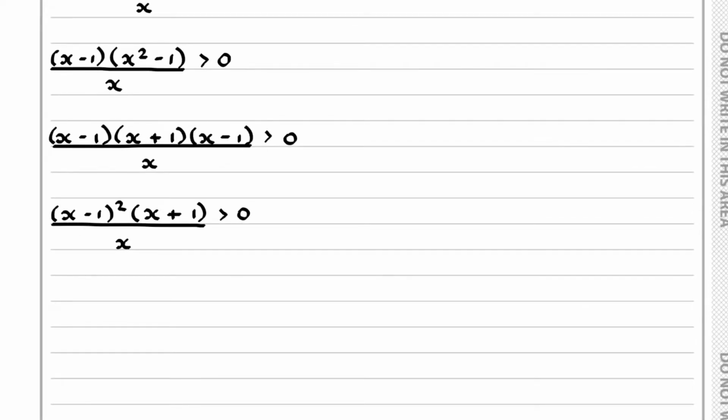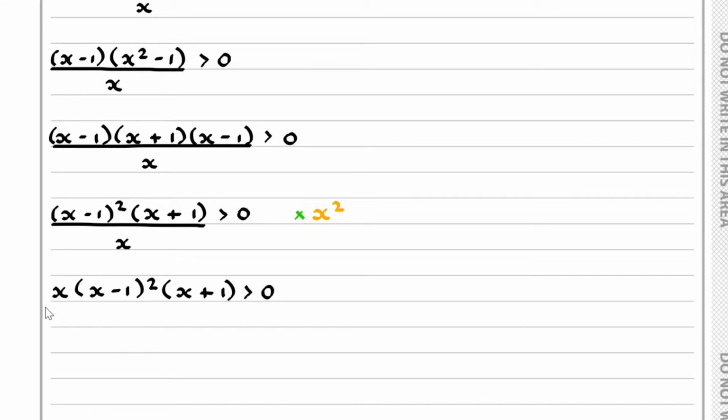And now, if I multiply through by x squared, we end up with x lots of x minus 1 all squared lots of x plus 1 being greater than 0.